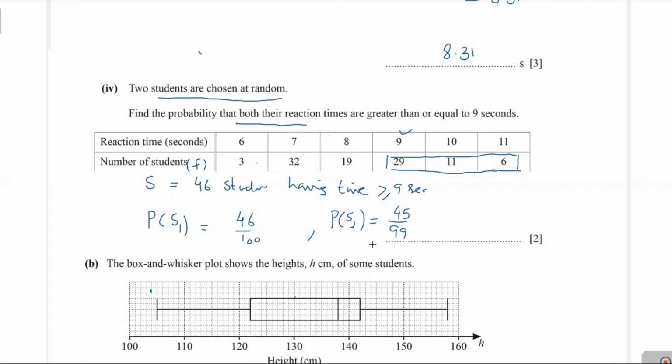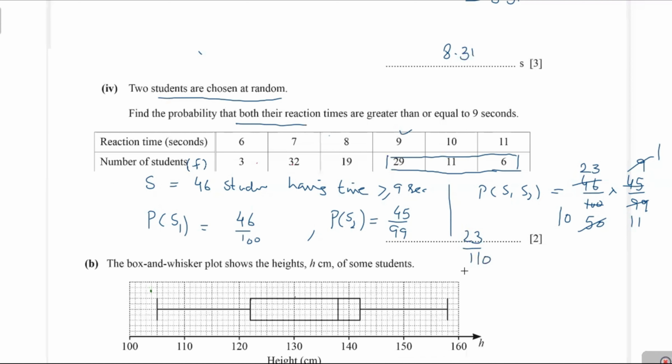Therefore the probability will be 45 over 99. Now the probability of both students S1 and S2 will be equal to 46 over 100 multiplied by 45 over 99. Now we calculate it. Therefore, we get 23 over 110 as the probability of both students selected having reaction time greater than or equal to 9. This is the answer.